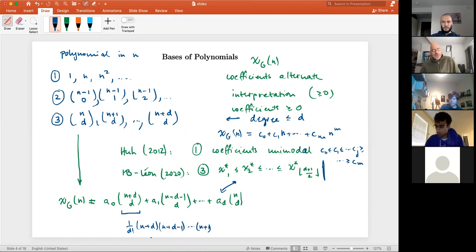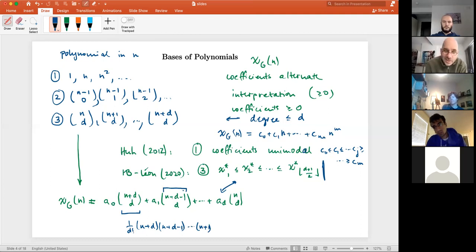What's nice about this particular basis is you can read off the roots, at least of one term. This term has roots at negative D plus 1, and so on down to negative 1. The next term has roots at negative D plus 1 and negative D plus 2 down to 0, and so on.